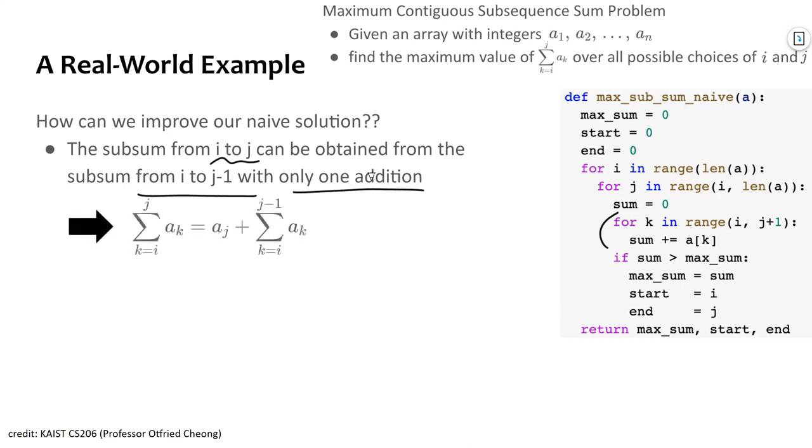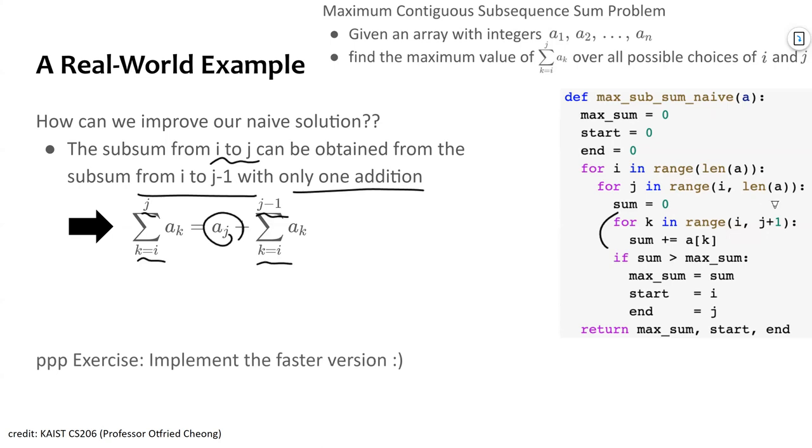So what I mean by this is the subsum from i to j can be regarded as the subsum of i to j minus 1 plus a_j. All right. So you can make this part more efficient. So this is our first PPP exercise. Try to implement the faster version.